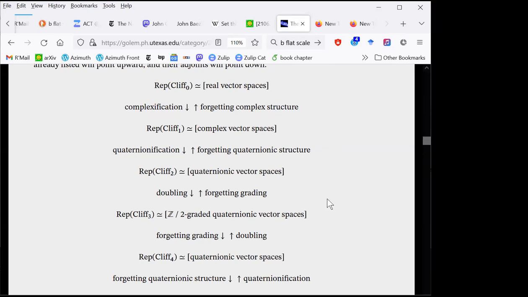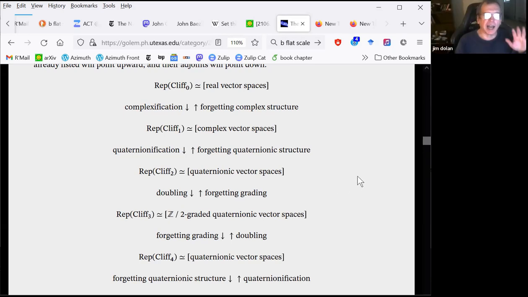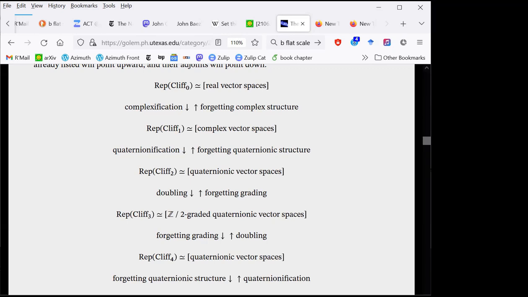Yeah, I just wanted to throw out one example that sounds like it's related in some way to things that you're talking about. This is just the idea of the Lagrangian Grassmannian of a symplectic vector space.